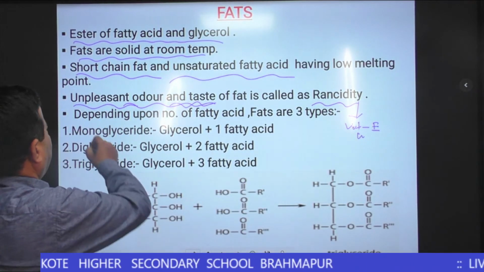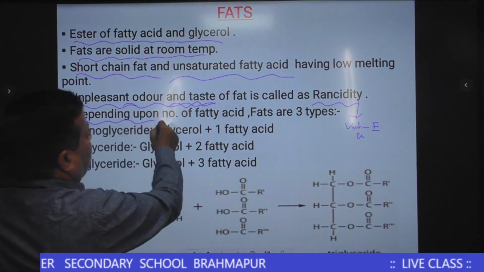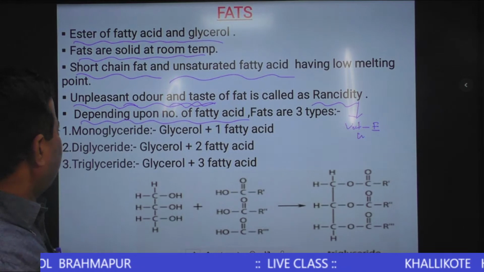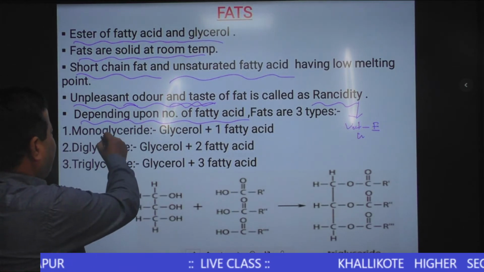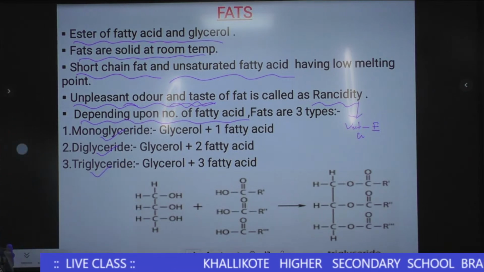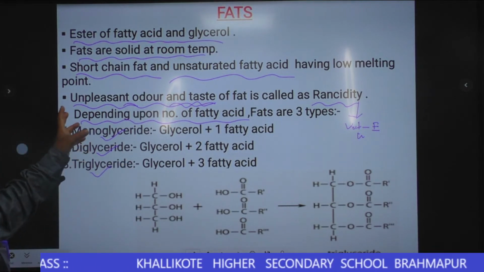Depending upon the number of fatty acids, fats are generally three types. First is monoglyceride, second is diglyceride, third is triglyceride. Monoglyceride means what? Mono means single.